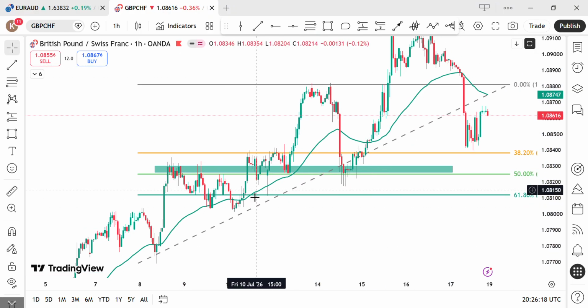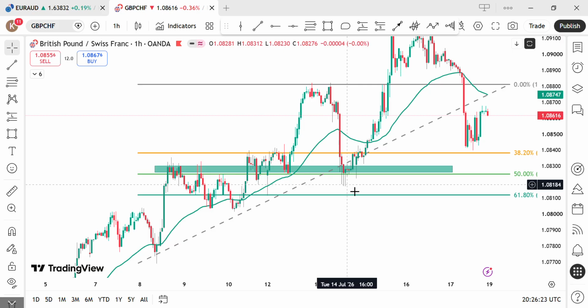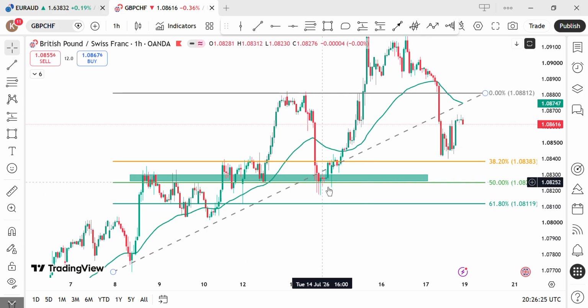So the market pulled back to this support level, and also it pulled back to 50 percent of Fibonacci retracement, and we had multiple rejections showing that price is unable to break below this zone.